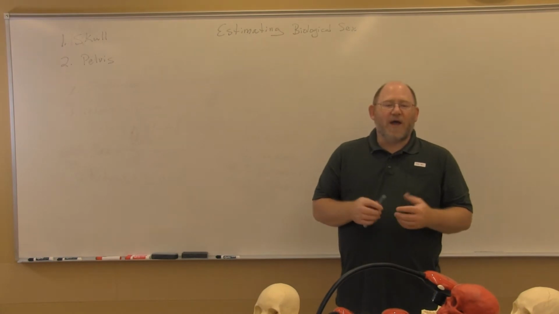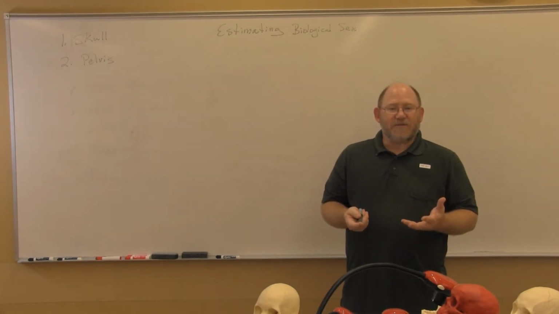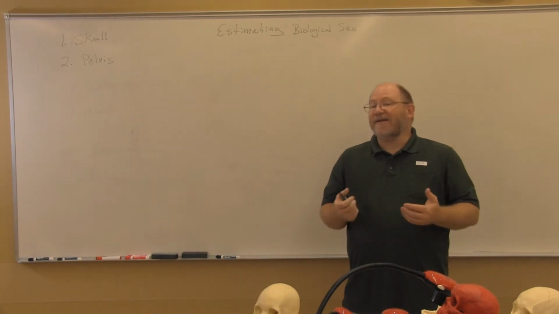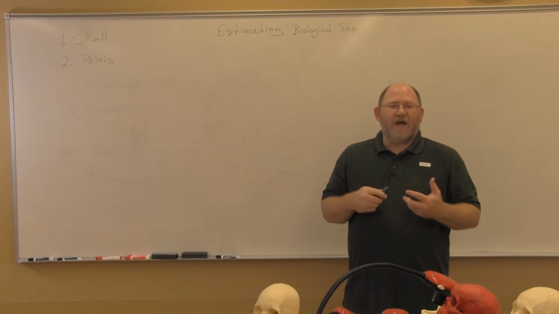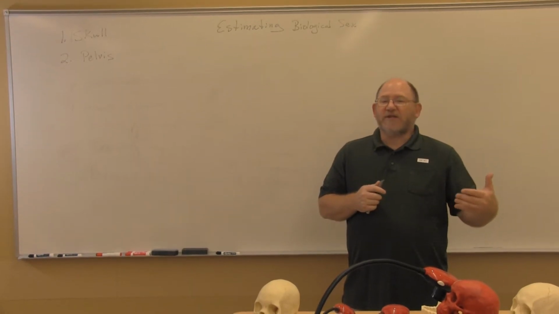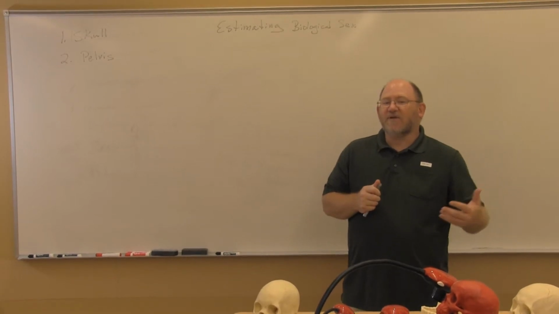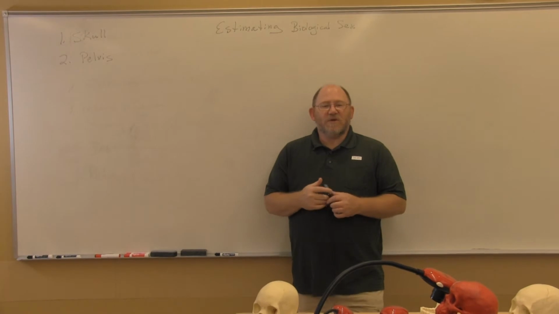All right, so we're going to talk about how to estimate biological sex from the skeleton in an adult. This is an important thing to keep in mind: for children, especially young children, it's difficult to impossible to estimate sex of an individual.